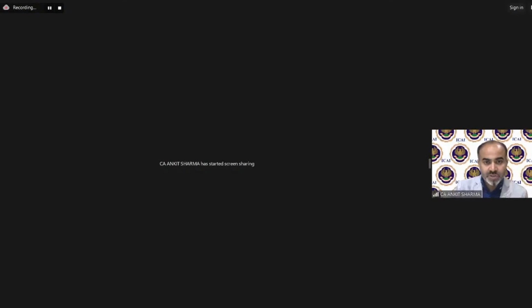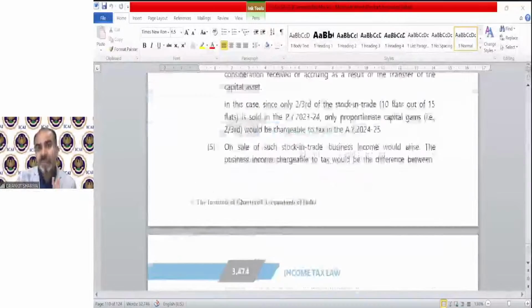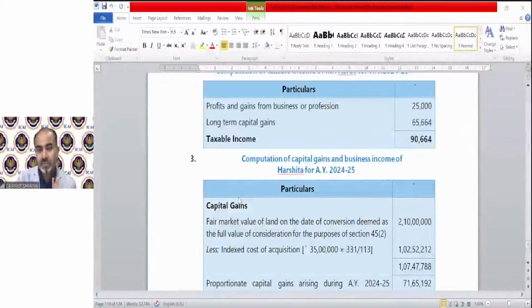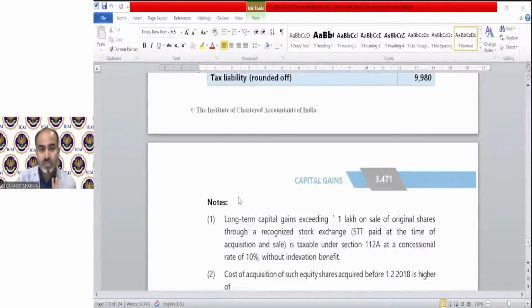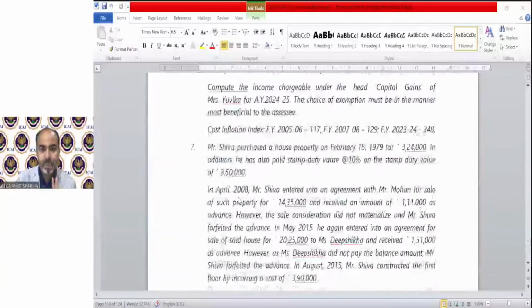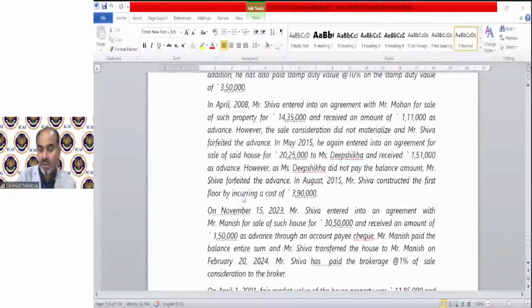In question number 7 of the test your knowledge questions, two advance moneys forfeited have been given. Let me show you. In this question number 7, the assessee has advance money forfeited twice.